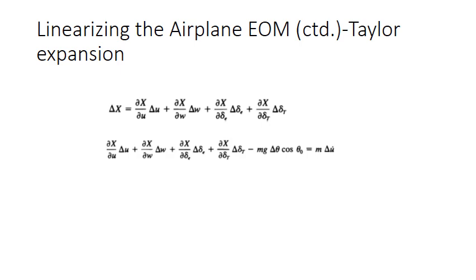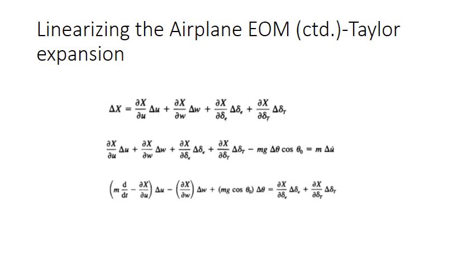By rearranging this equation, we can get the following form, just to collect all the multipliers of delta u in one bracket and delta w in one bracket, and so on.